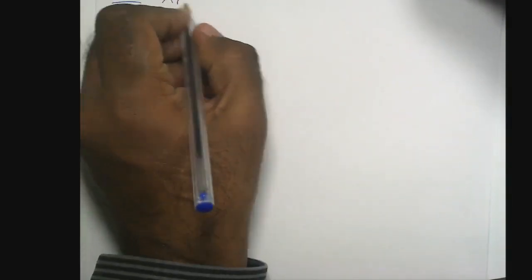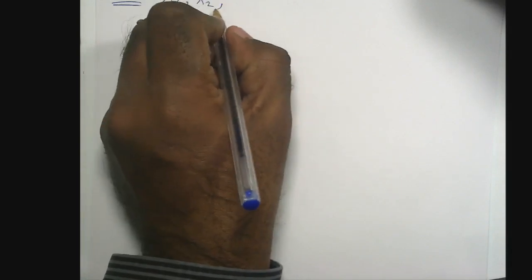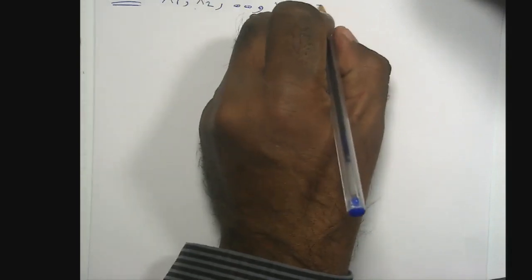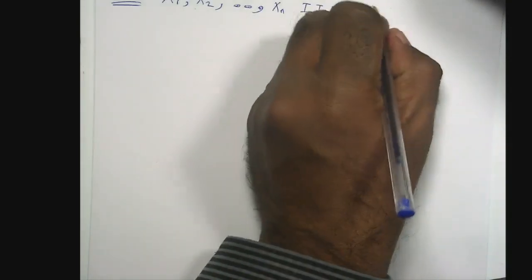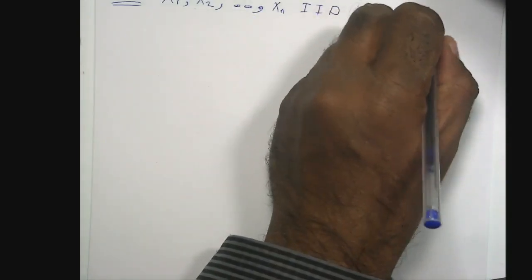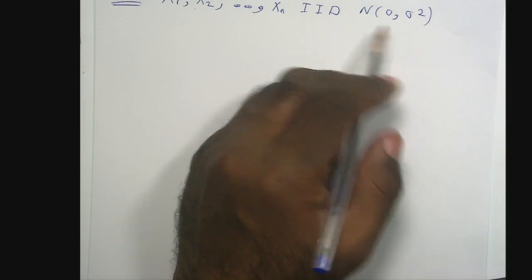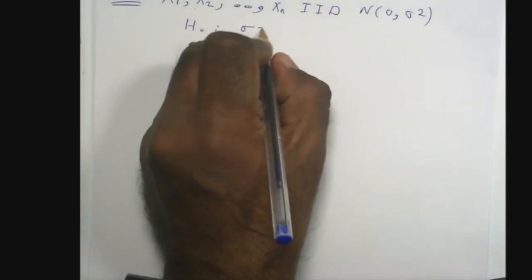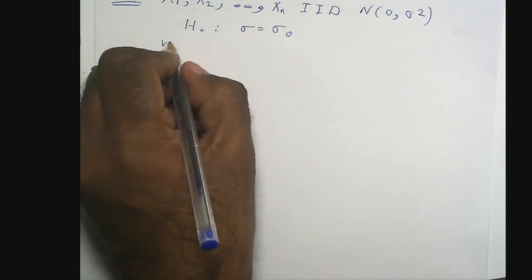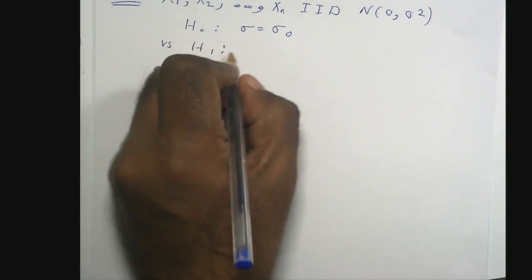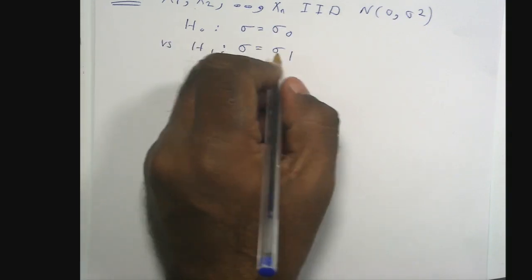Question 2, all right? Question 2, you have X1 through Xn, a random sample from a normal distribution with these parameters, and we want to test sigma equal to sigma 0 versus sigma equal to sigma 1.